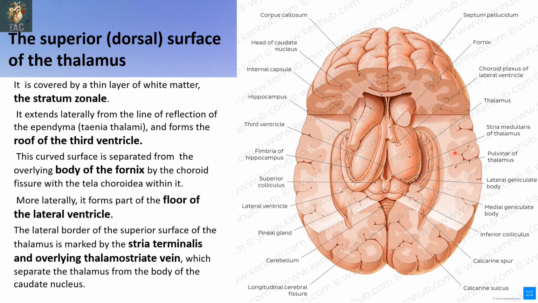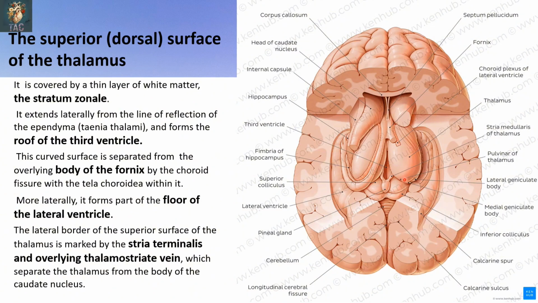So this one is a very beautiful diagram. Again these are the two thalami. This one is the superior surface. Here you can see on two sides the fornix. Beneath the fornix you can see choroid plexus, thalamostriate vein of the lateral ventricle. Here you can see in this area this is the cavity of the third ventricle, and also you can see the tela choroidea of the third ventricle over here.